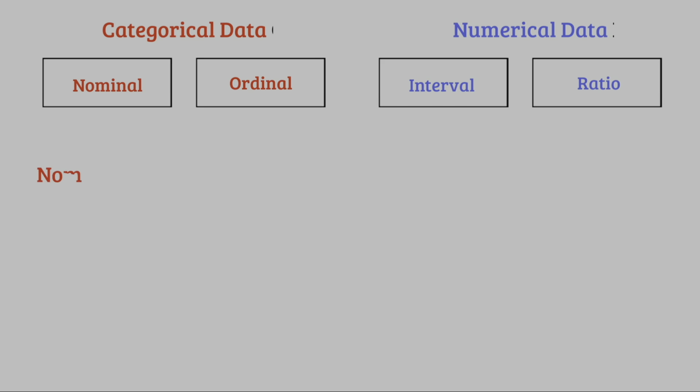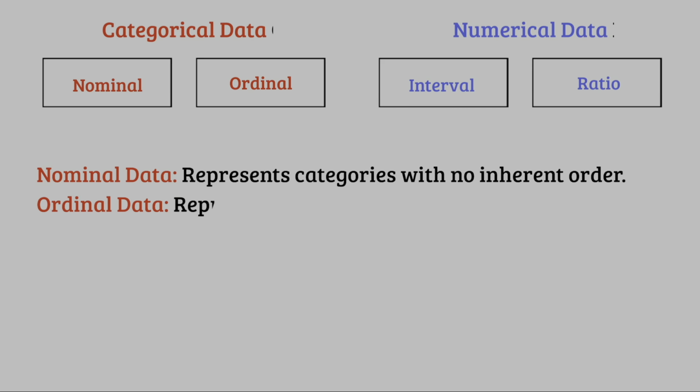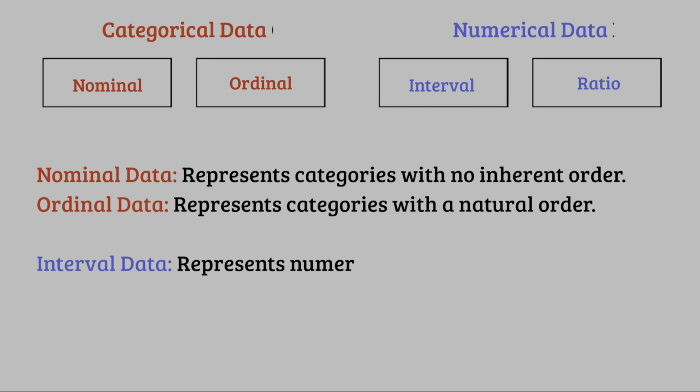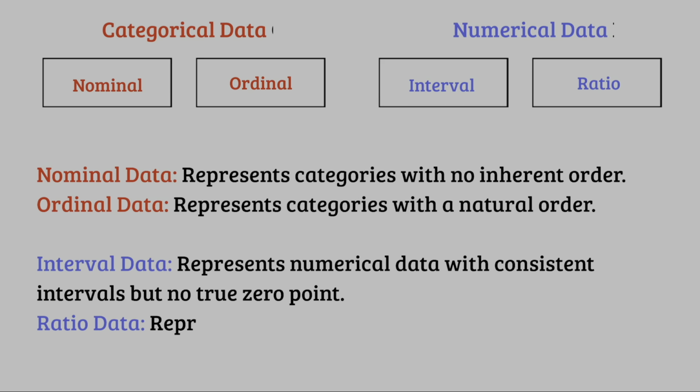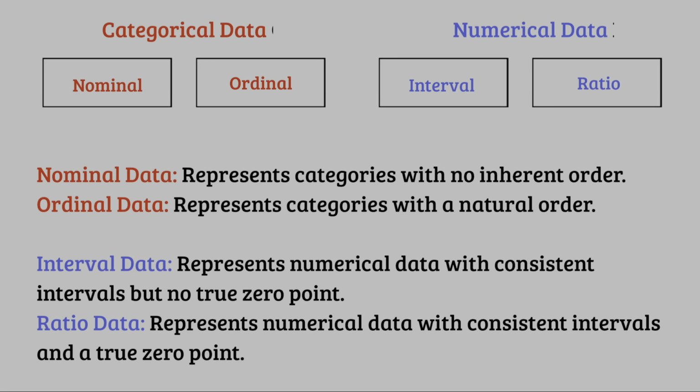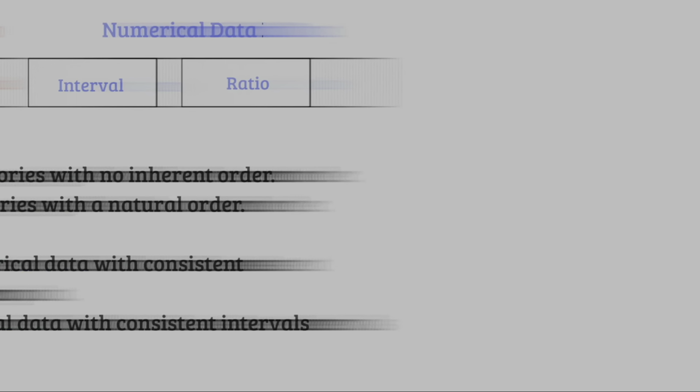Nominal data represents categories with no inherent order, while ordinal data represents categories with a natural order. Interval data represents numerical data with constant intervals but no true 0 point, while ratio data represents numerical data with constant intervals and a true 0 point.